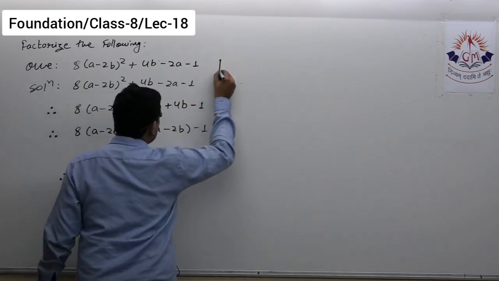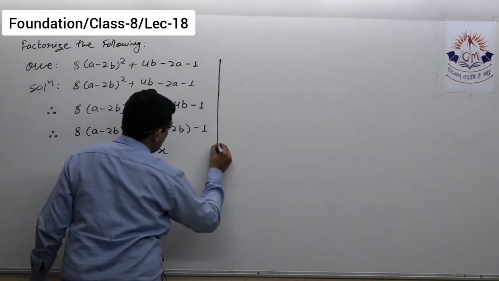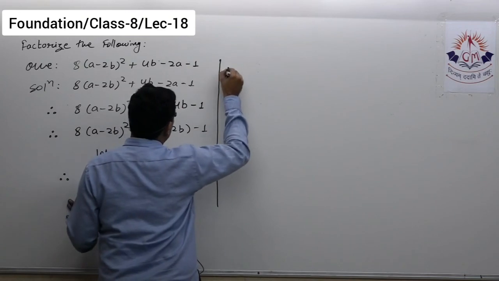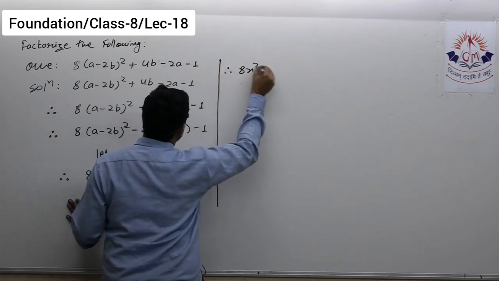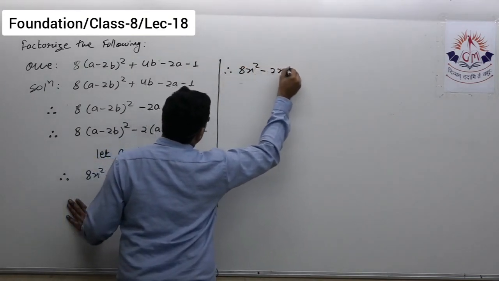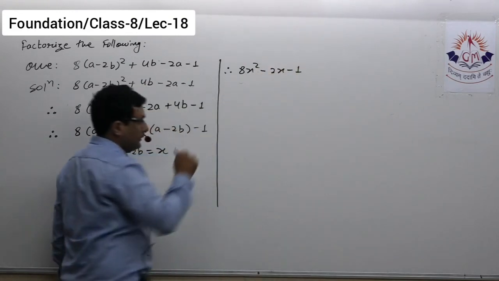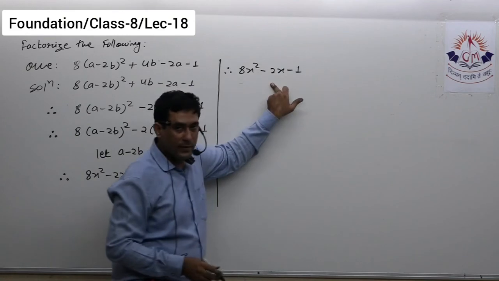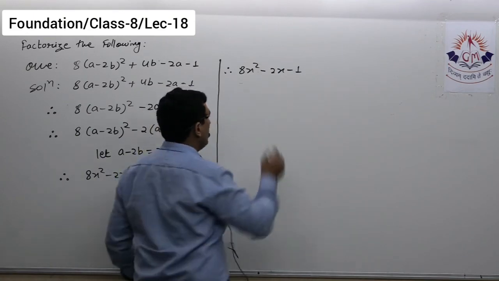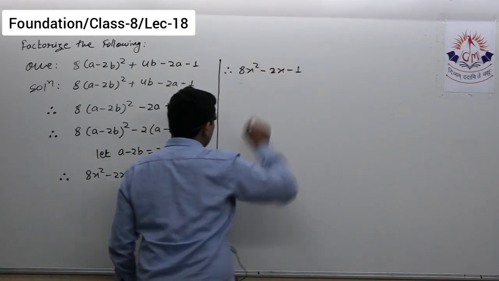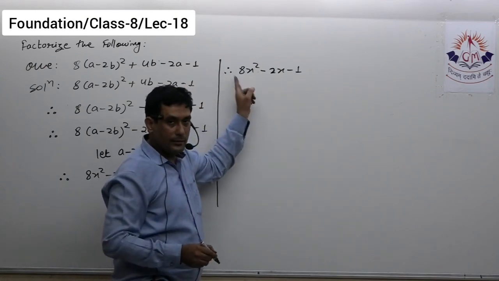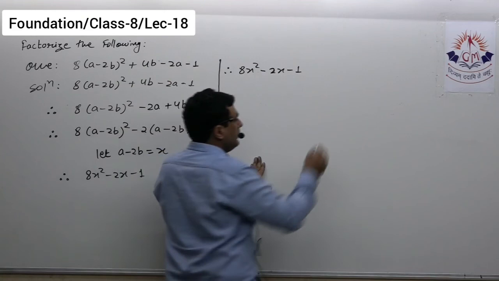Now it is easy to find its factors because we know how to get the factors of this type of expression, which is a quadratic expression. To find its factors, we'll split the middle term. To split the middle term, we have to find the factors of a multiplied by c, that is 8 multiplied by 1, that is 8.